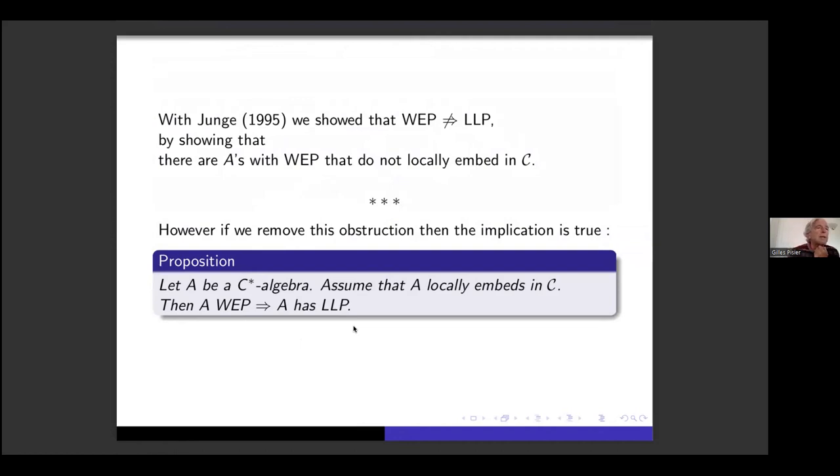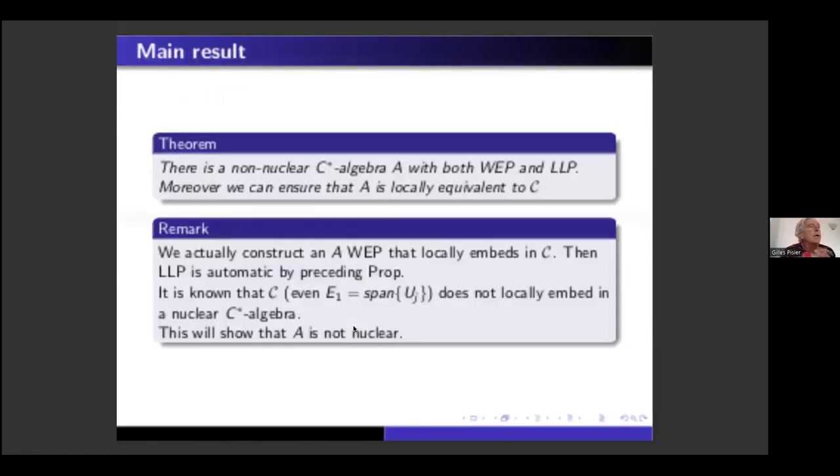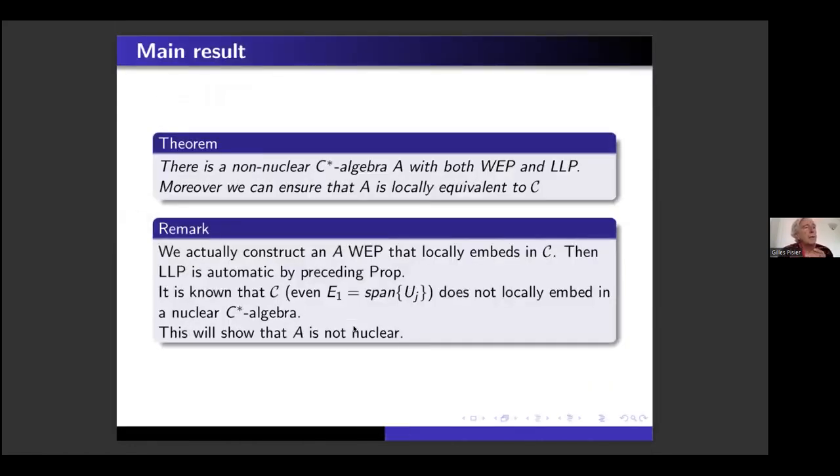And so in that case, with the extra assumption, the implication proposed by Kirchberg in his conjecture A is true. Okay, so the main result that I have with this algebra script A is that there is a non-nuclear C-star algebra which has both WEP and LLP and is locally equivalent to script C.